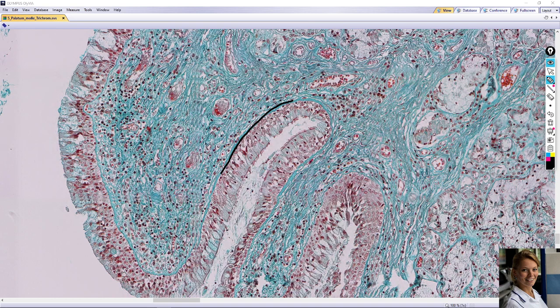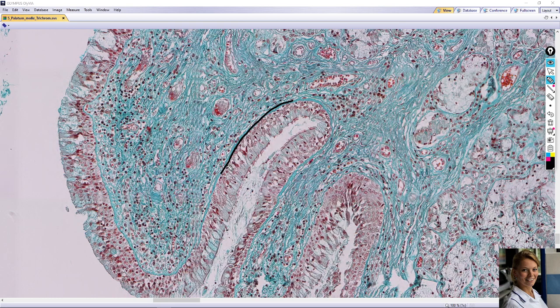So the name is pseudostratified. It looks like there are many layers of cells. It's stratified, but it's not true. It's a pseudostratified.